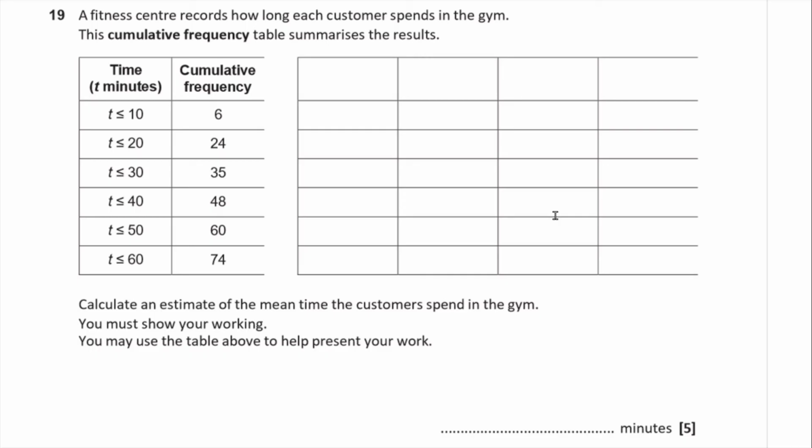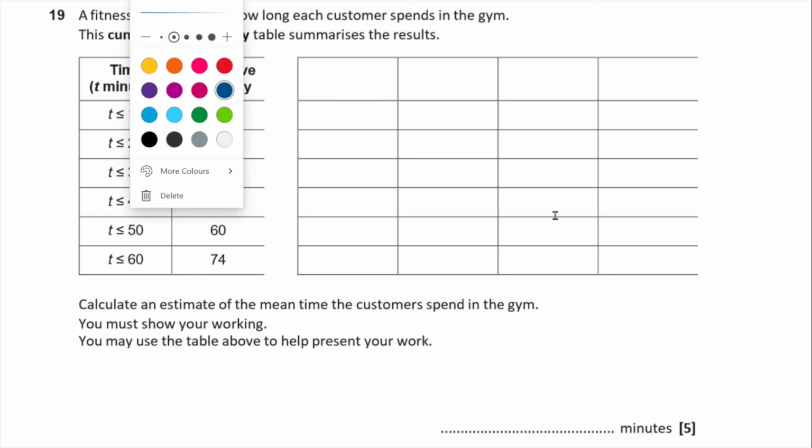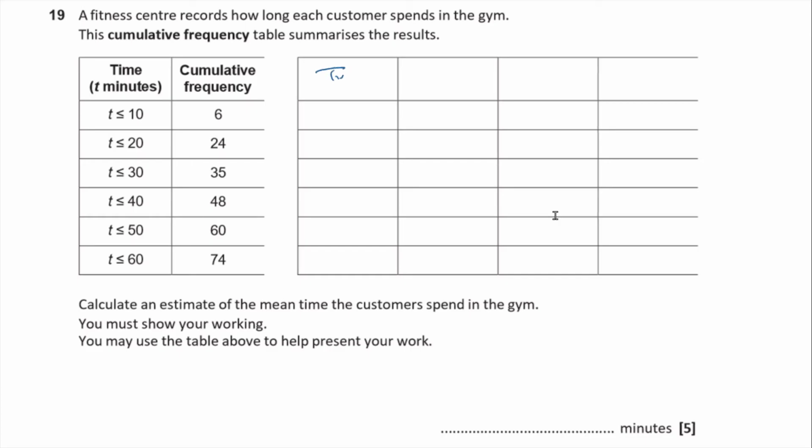So we've got to move from a cumulative frequency table back into a frequency table and then use that frequency table to work out the mean, or an estimate of the mean, because it's grouped data here, isn't it? So I'm going to have time up here in my first column. I'm going to use this grid to help me. I'm going to start with time in t minutes. But rather than having less than or equal to 10, I'm going to have t lie between 0 and 10 like that.